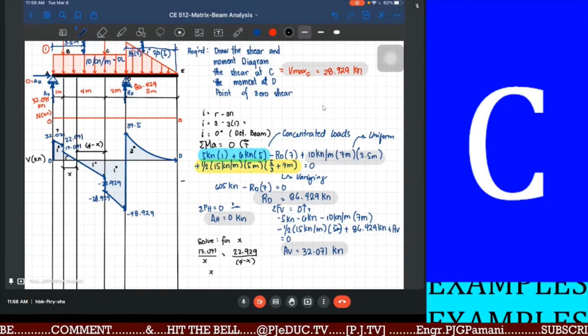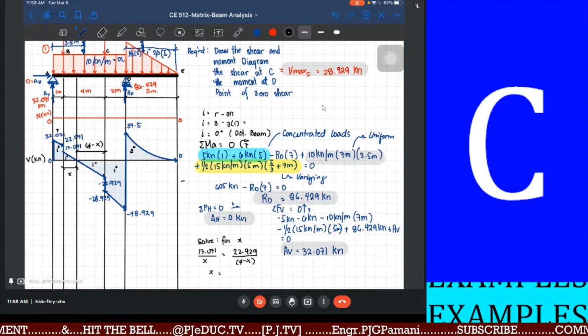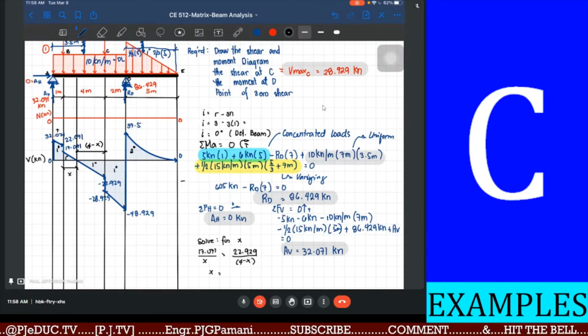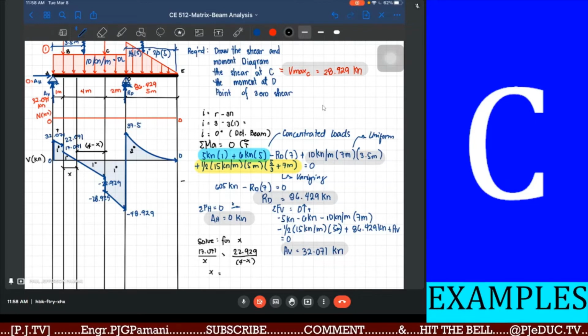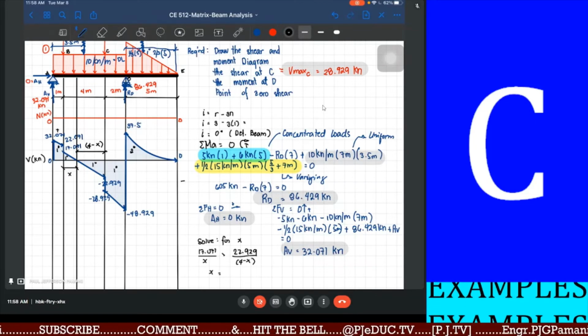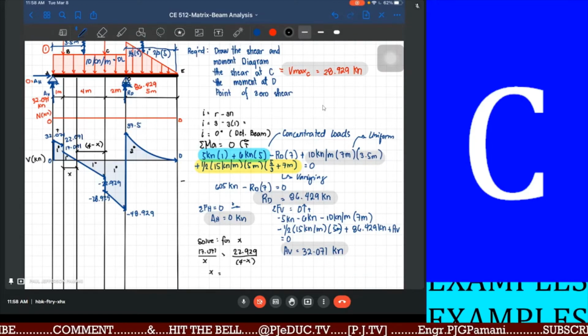By ratio and proportion, identify x. (22.929) over 4 minus x.